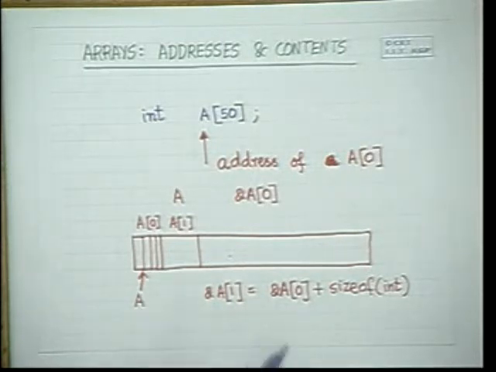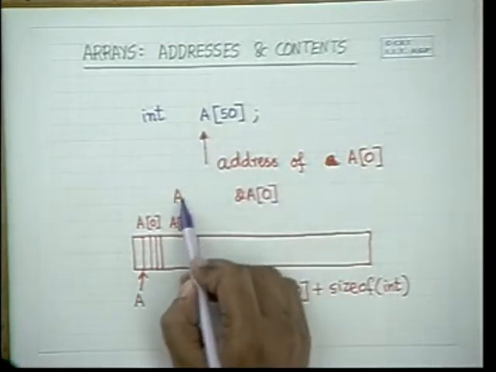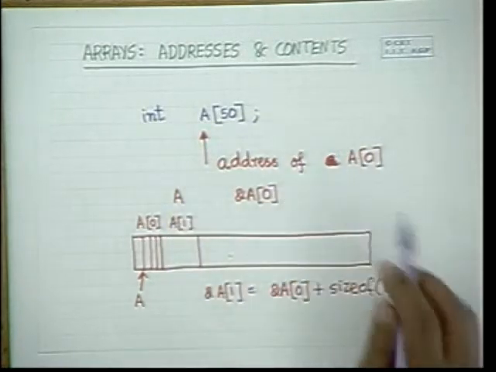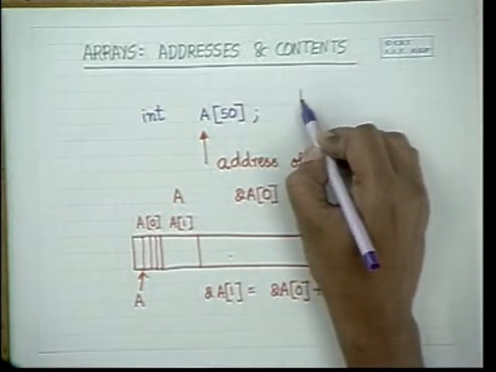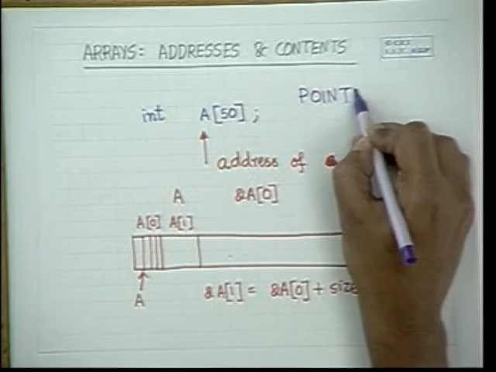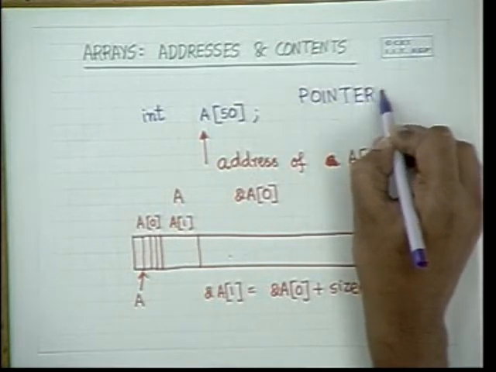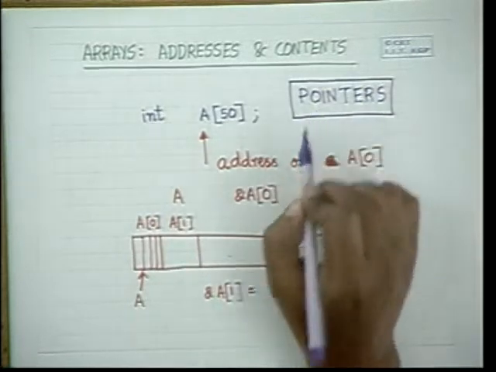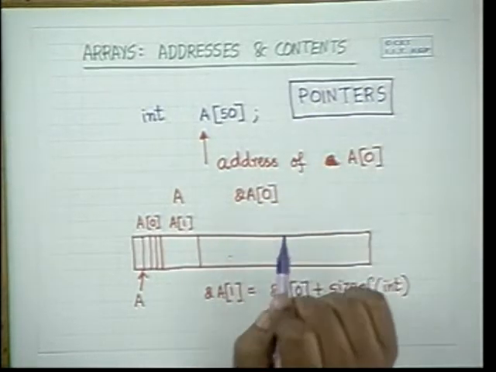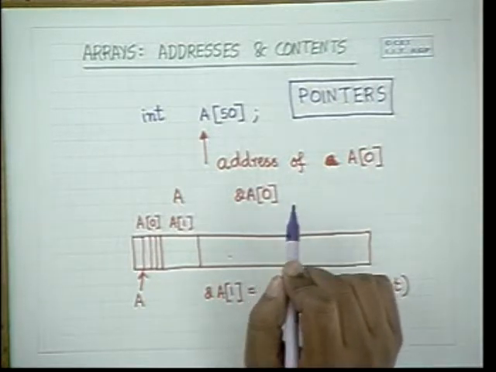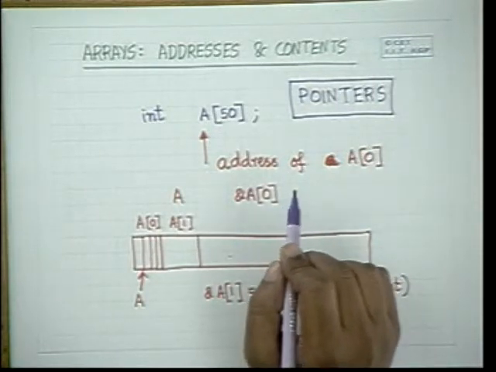In C, these addresses have values, and addresses of locations are also called pointers to locations.